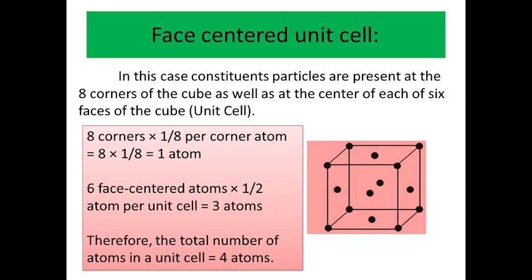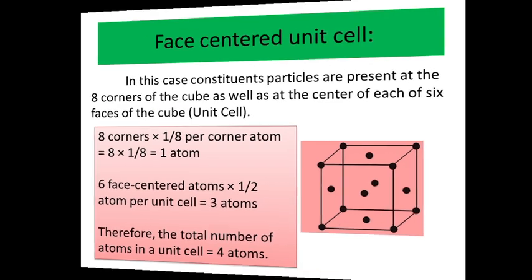The 6 faces have 1 atom at the center of each face, which is shared with 2 unit cells, that is 1 by 2. So 6 into 1 by 2 is 3 atoms. So the total number of atoms in a unit cell is 3 plus 1, 4 atoms for the FCC unit cell.